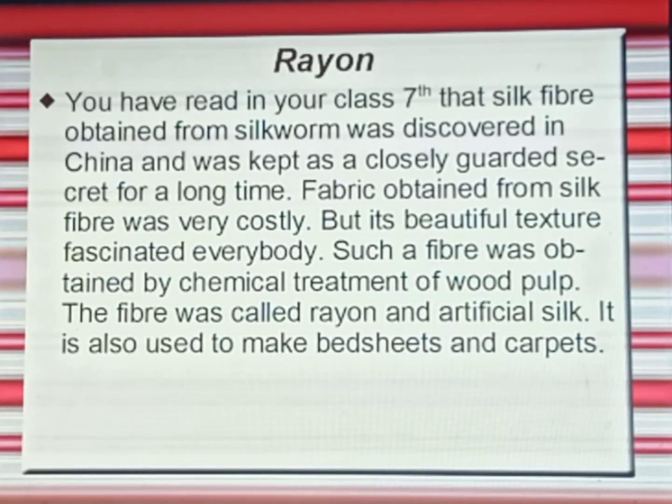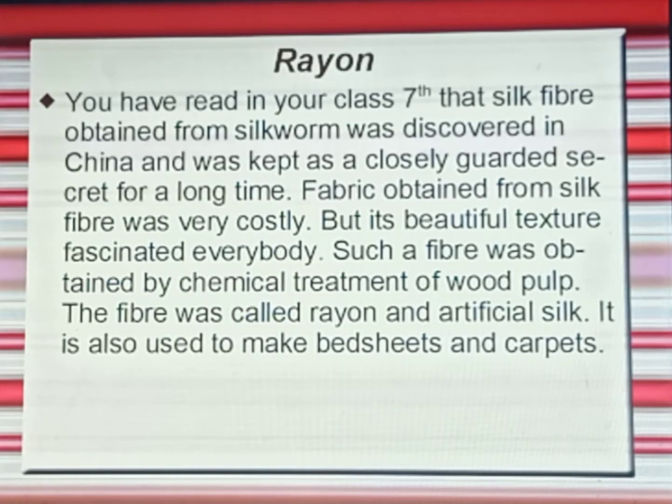Everybody liked it. Such a fiber was obtained by a chemical treatment of wood pulp. The fiber was called rayon or artificial silk. It is also used to make bed sheets and carpets.